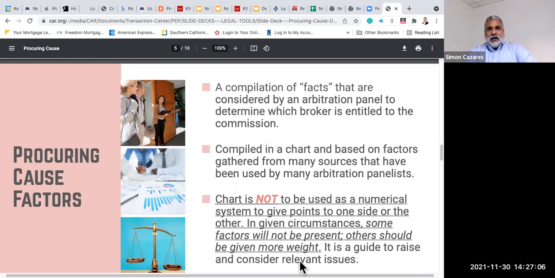Thank you. All right. Procuring cause factors: a complication of facts that are considered by an arbitration panel to determine which broker is entitled to a commission. That's absolutely correct, team. One of the series in understanding the mediation and arbitration part of the RPA is that mediation is a very simple process.